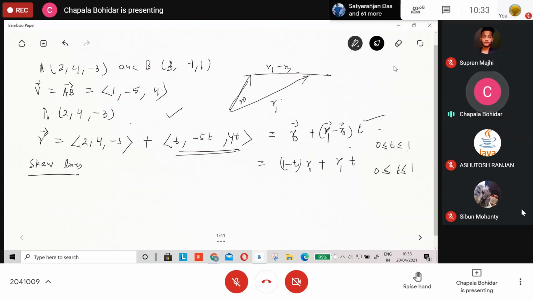What are skew lines? If 2 lines are given in space, when do you say these both lines are skew lines? If they do not intersect and they are not parallel, then we say they are skew lines. Write down: skew lines, that is, they do not intersect and are not parallel.